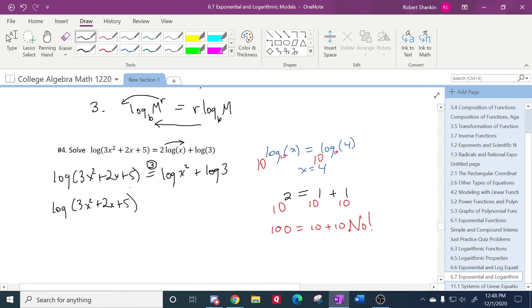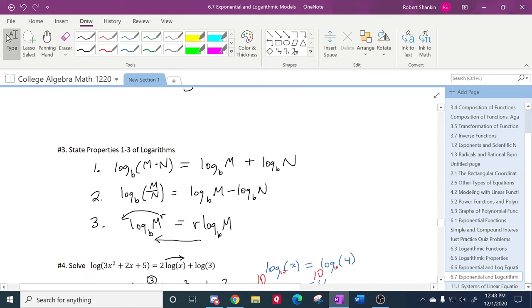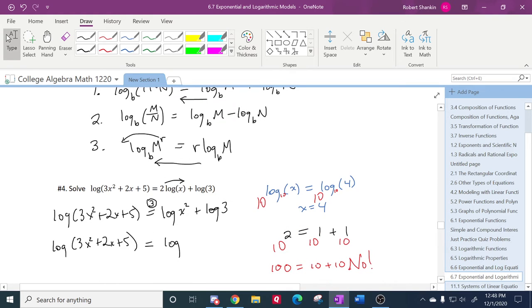And actually equals, now I'm going to use property 1 again in this direction. 2 logarithms into 1, so the addition becomes multiplication. When they become multiplied, I'll put 3 first. Like this.